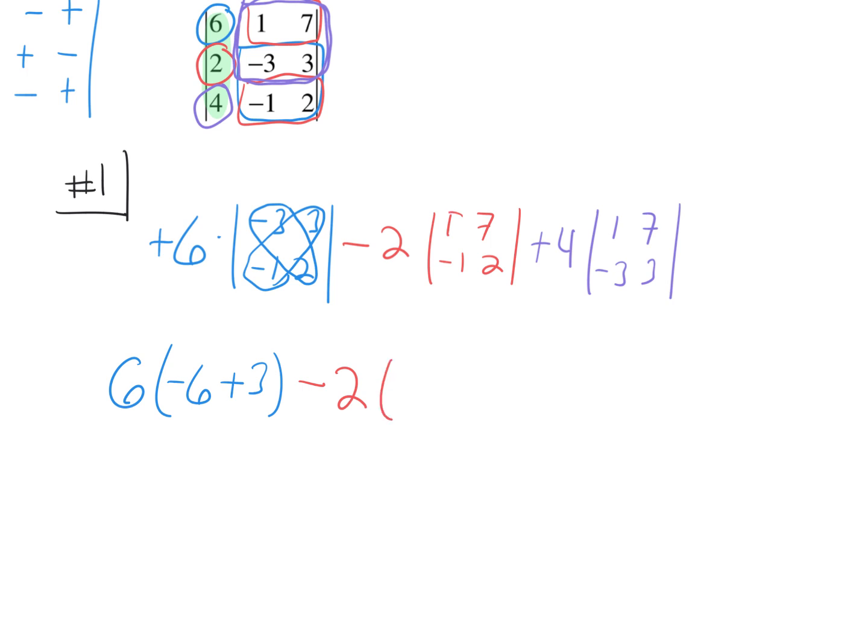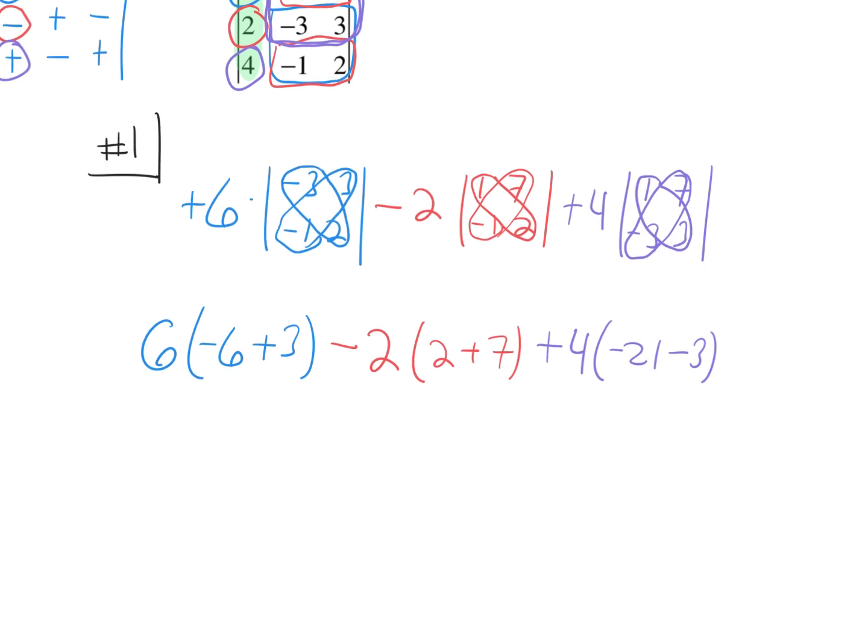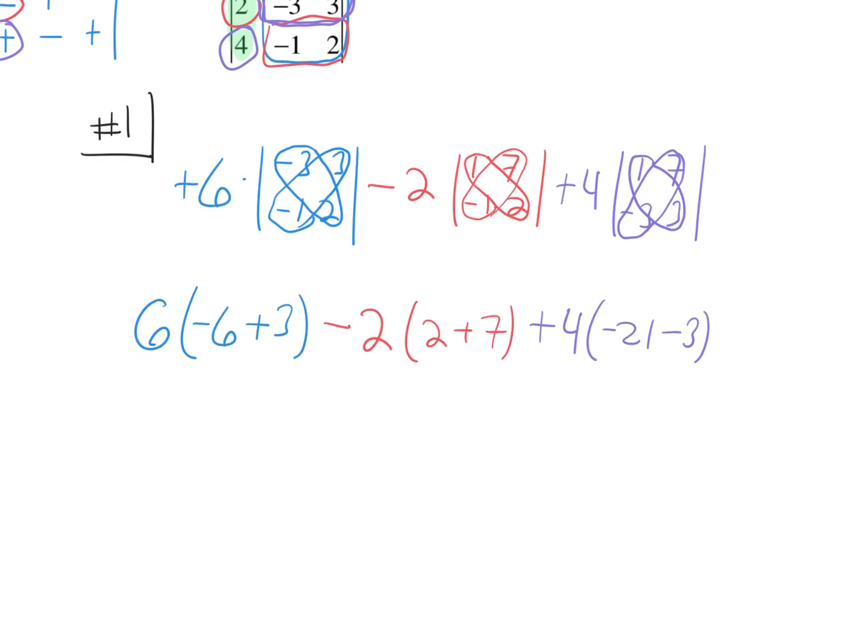We're going to do negative 2 times 1 times 2 is 2, minus 1 times negative 7. I'm sorry, negative 1 times 7 is plus 7. All right, we'll do the same thing with the next one. 4 times negative 21 minus 3. And then we just simplify this as much as we can.